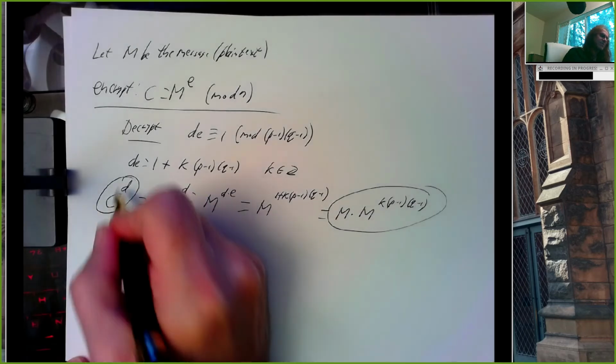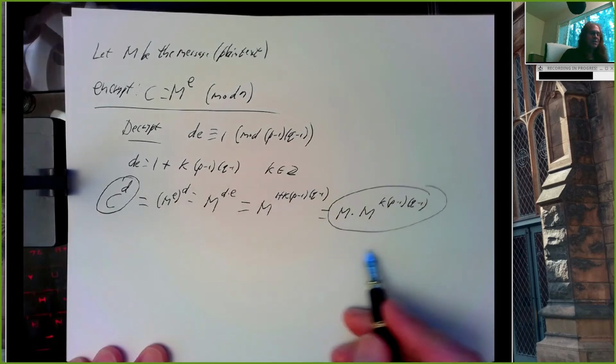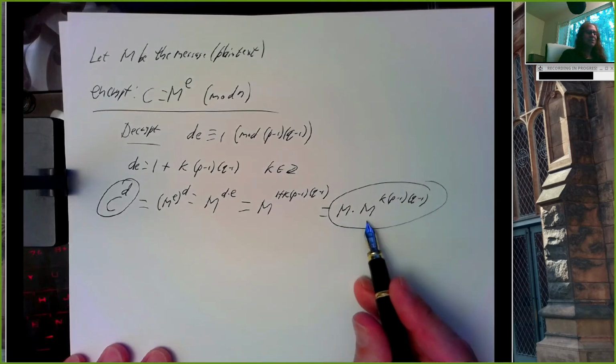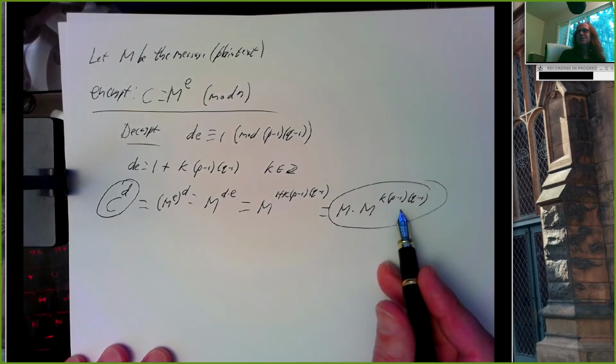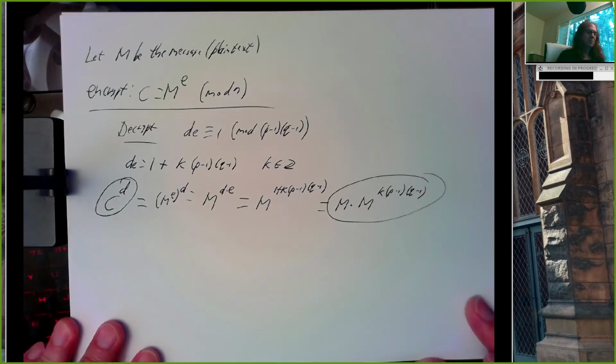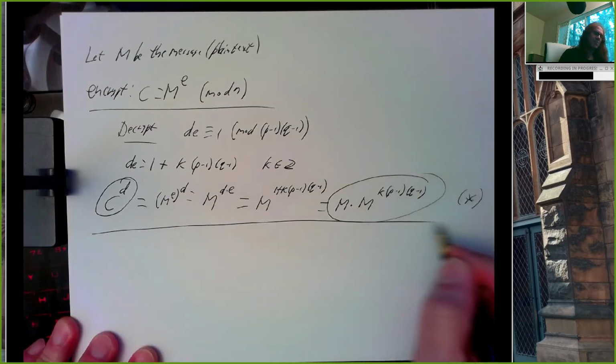So if we take the ciphertext and raise it to the power of D, it's equal to this gargantuan number: M, our original message, times M raised to this power. I'll mark that with a star, and we'll come back to it.